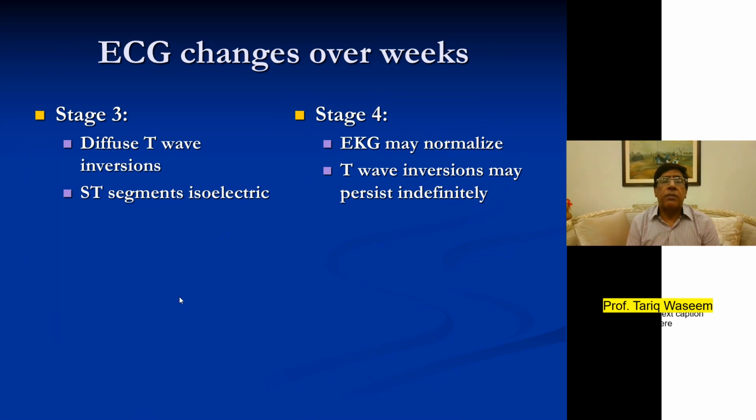But sometime later, about a week or two later, there would be a diffuse T wave inversion, and the ST segment would become isoelectric. And in stage 4, the EKG may normalize altogether, or there may be a T wave inversion which sometimes may persist even indefinitely.